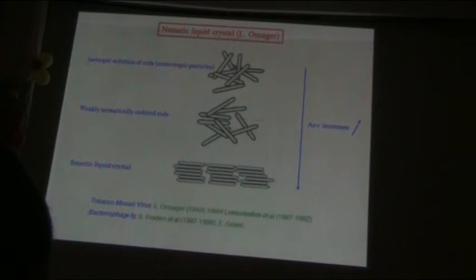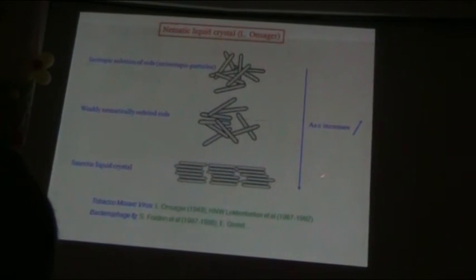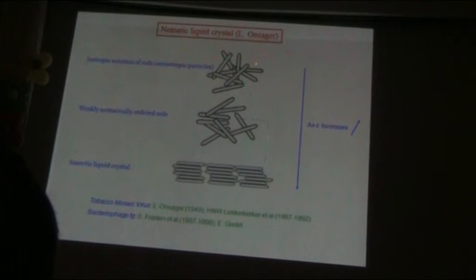But normally, if you have anisotropic particles like that, you have isotropic solutions at low concentration, but if you increase the concentration, compactness arguments lead to some orientation order, like a liquid crystal. To go from the isotropic to the nematic regime, you have the Onsager transition.